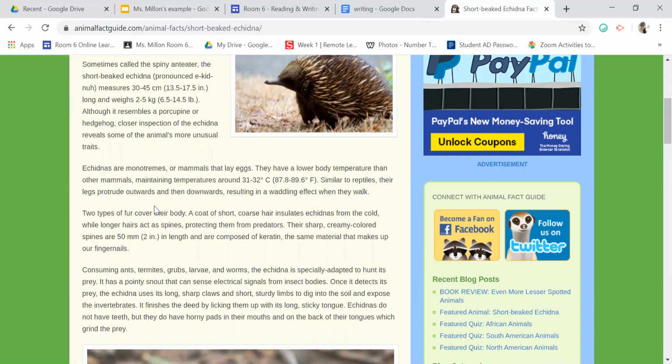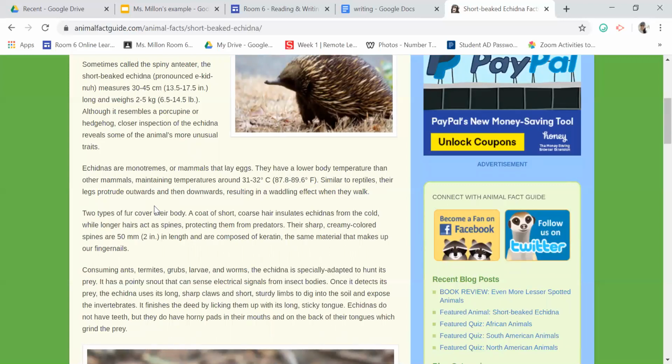Okay, it said echidnas are monotremes, or mammals that lay eggs. They have a lower body temperature than other animals, maintaining temperatures around 31 to 32 degrees Celsius, which is about 87.8 to 89.6 degrees Fahrenheit. Similar to reptiles, their legs protrude outwards and then downwards, resulting in a waddling effect when they walk.